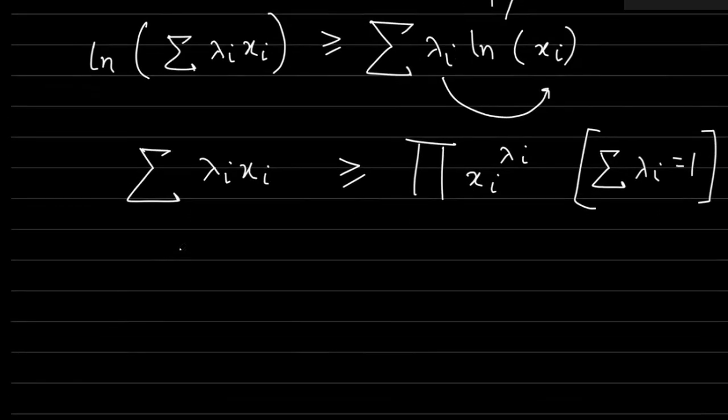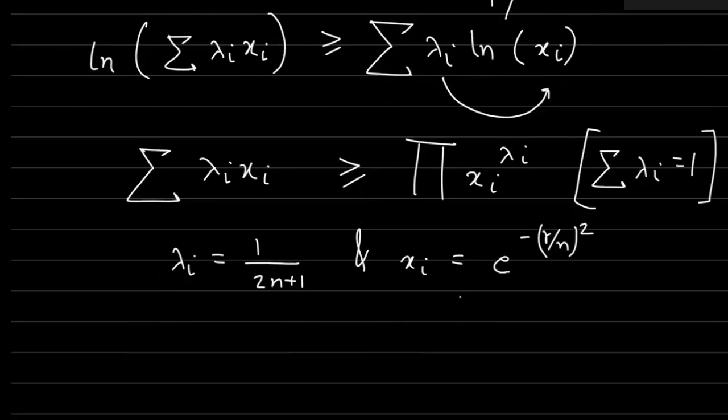Now, as we need a lower bound, I'll substitute lambda i equals 1 by 2n plus 1, and xi will become e to the power minus r by n whole square. Okay.